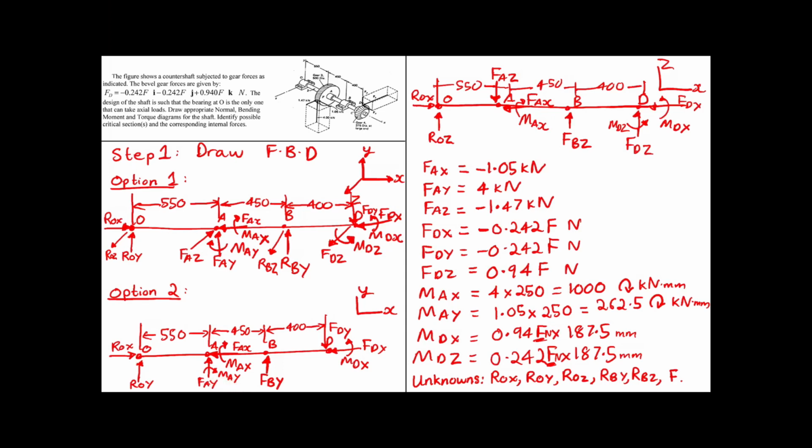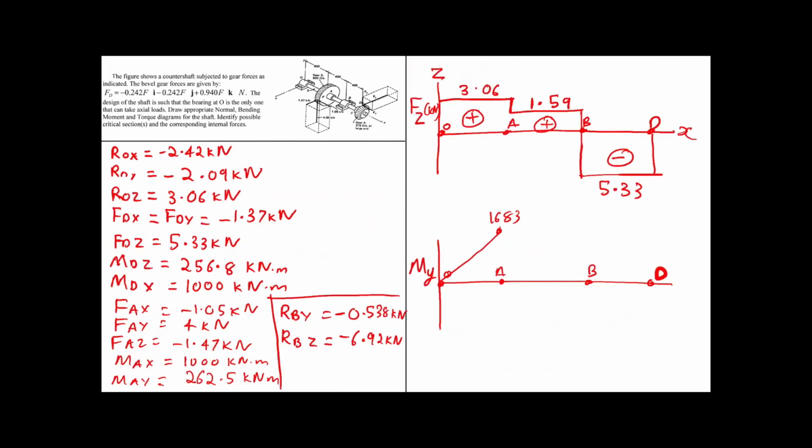And what is the value of MAY? We found it as 262.5. So let's go back here. We need to subtract that value from here. So that would be 262.5 should be subtracted from 1683. So we just bring it down as well.